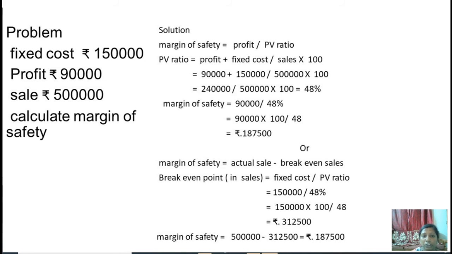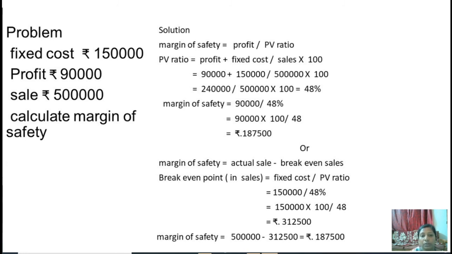PV ratio equals profit plus fixed cost divided by sales into 100. Using this formula we now calculate the PV ratio. Profit in the problem is 90,000 plus fixed cost 1,50,000 divided by sales 5 lakh into 100.